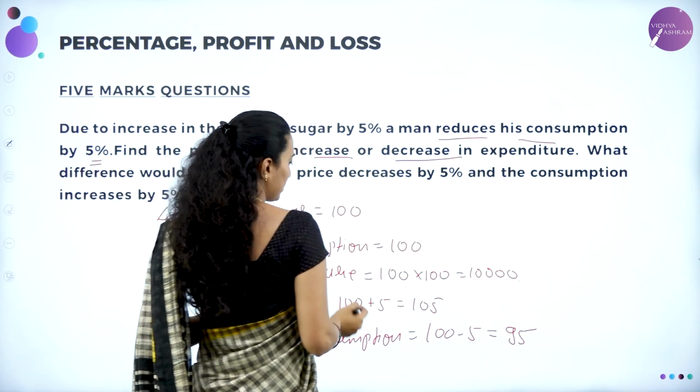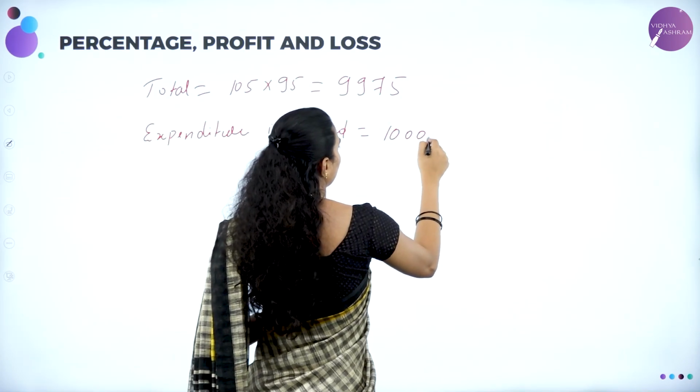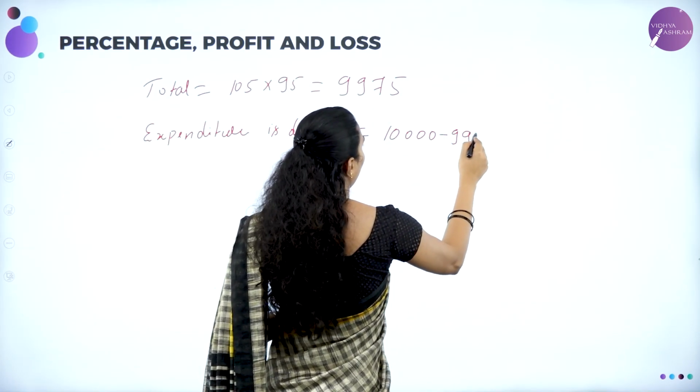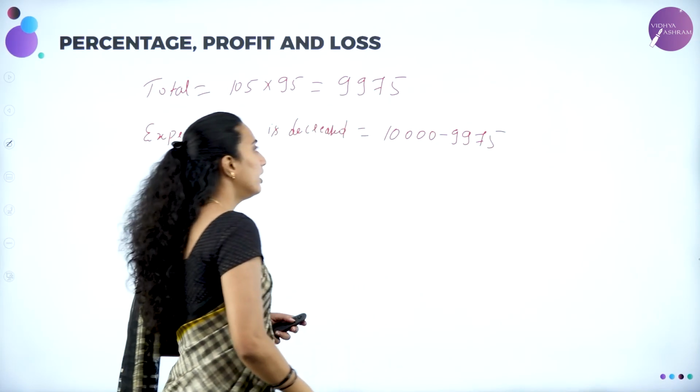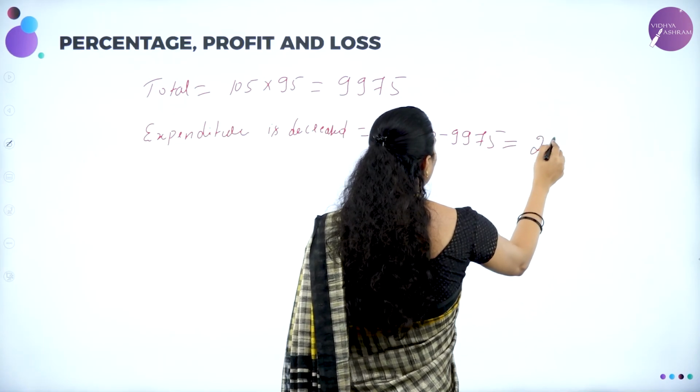Okay. Now the expenditure decrease is equal to how much? Here you have 10,000 minus 9,975, which is equal to 25.